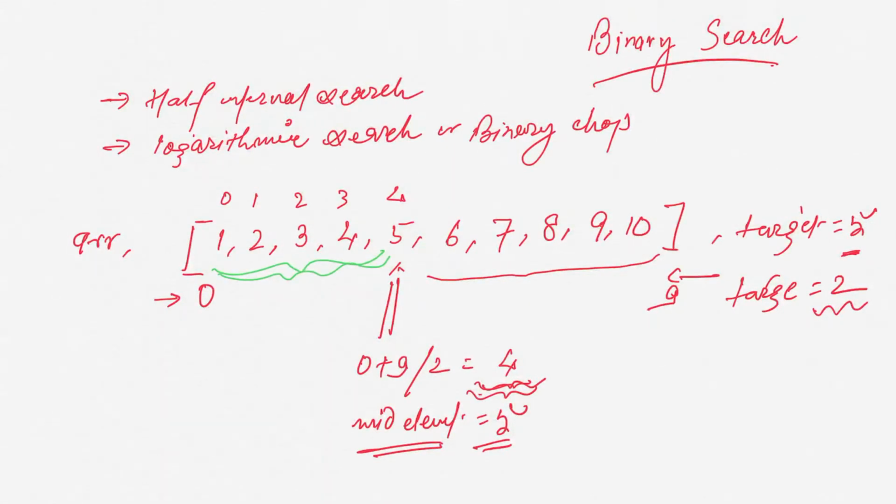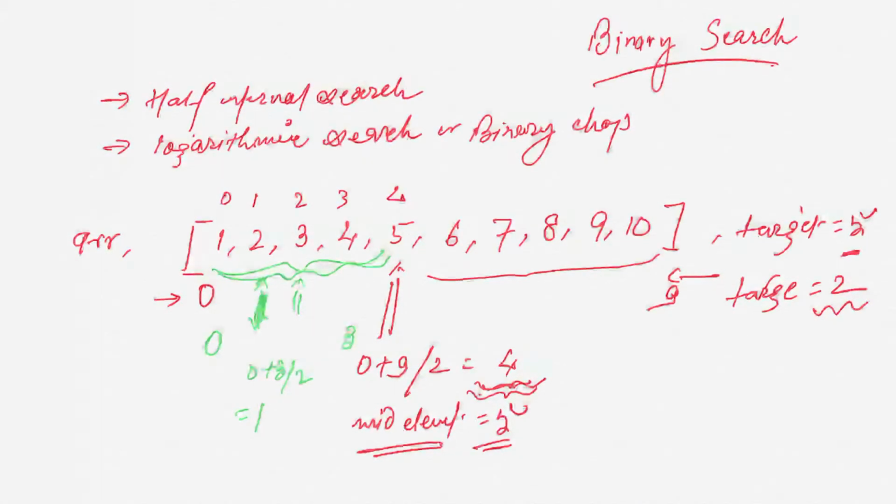So if the target value is not equal to the mid value, we can directly skip half of the array the next time we search. Again taking the middle value here, it becomes 0 and 3, and 0 plus 3 divided by 2 gives 1. So here you have the mid value.